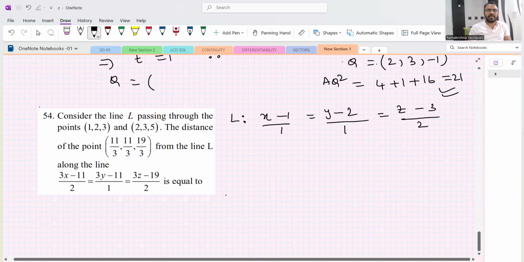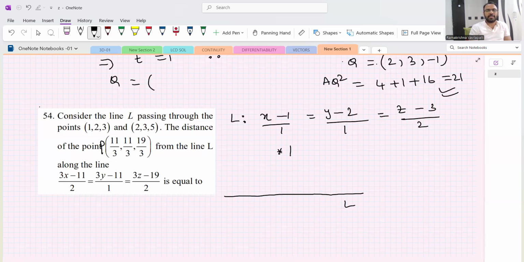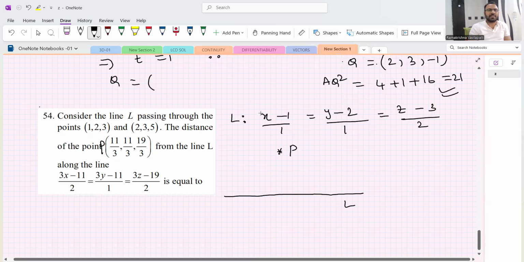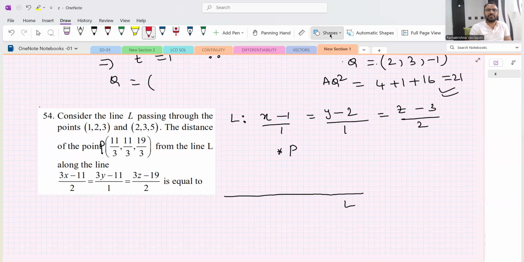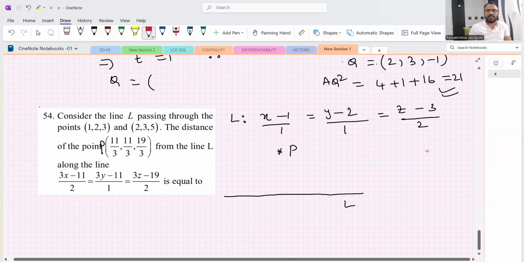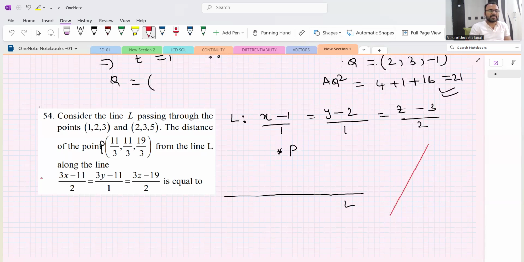So which means that this is the given line. Okay, this is L. And assume that this is the point P. And assume that the given line is like this.